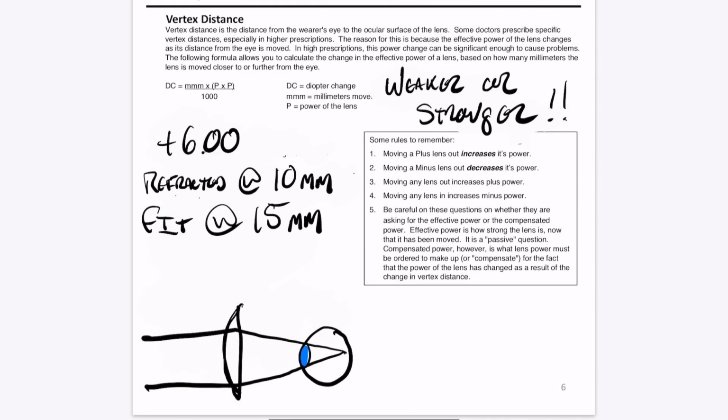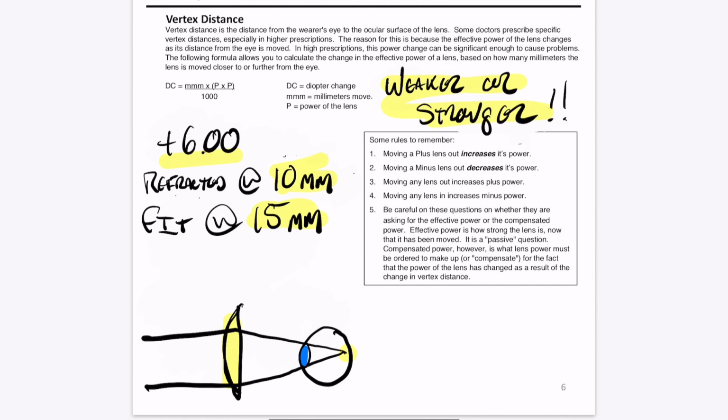Now we're going to do a little vertex distance exercise called weaker or stronger. So we have a +6 lens. It's refracted at 10 millimeters, but fit at 15 millimeters. If we look at the example below, this plus lens will converge the light rays to hit exactly on the retina and come to a focal point there.